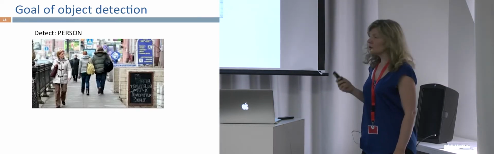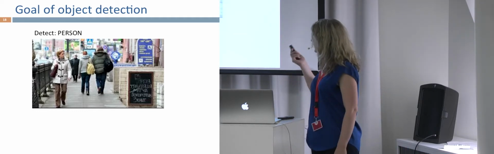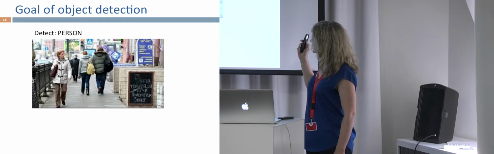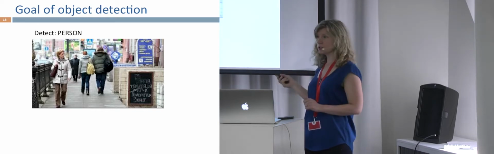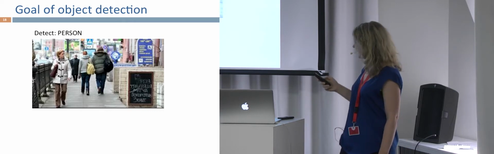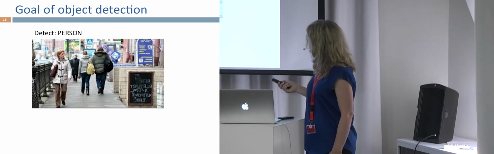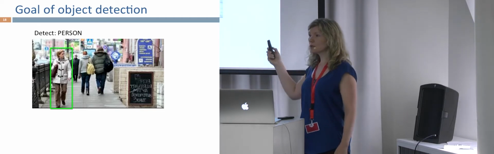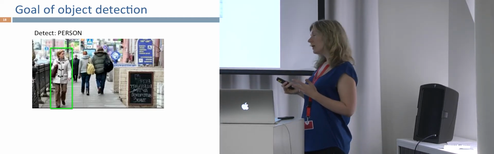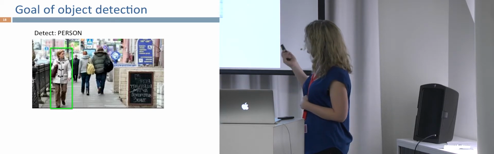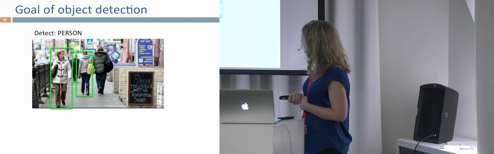So what is the goal of object detection? Well, if we have an input image like this, for example, and let's say we want to detect the person object or pedestrian as the case may be here. So the goal is to place a bounding box, or this could be a segmentation mask that gives the more accurate outline, but mostly people use bounding boxes because they're easier.